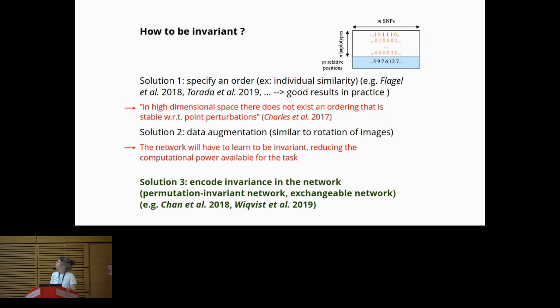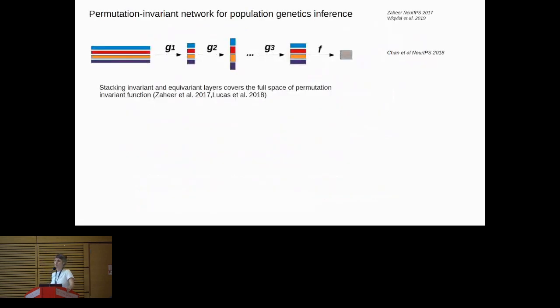So the third solution, and the one we took, is to encode the invariance in the network, so that by design your network will be invariant. Okay, and so there is a paper called DeepSet that shows that if you stack layers that are equivariant, meaning if I permute the input, I permute the output the same way, and at the end I stack some invariant function, then provided that I have enough layers and so on, I should be able to approximate any invariant function.